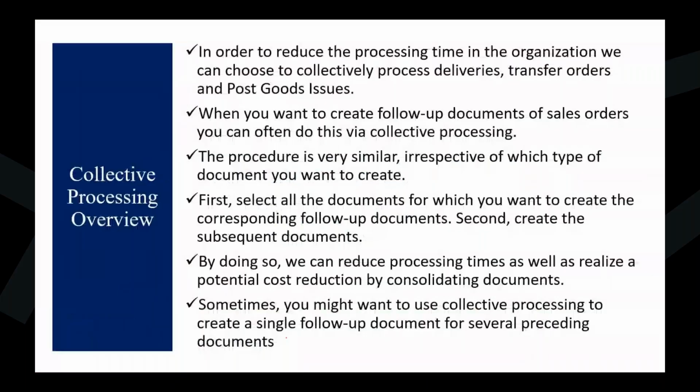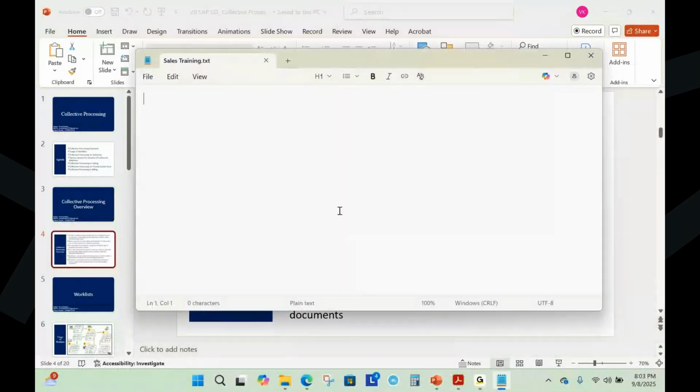In order to reduce the processing time in the organization, we can choose to collectively process deliveries, transfer orders, and post goods issues. If you recollect our earlier sessions, when I executed the sales cycle, I created one sales order, and from the sales order I created the outbound delivery.